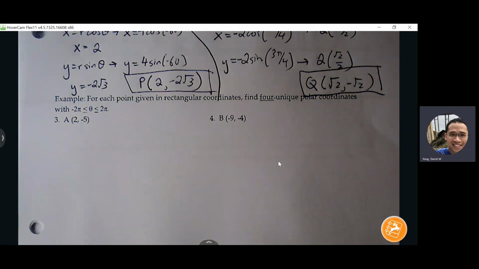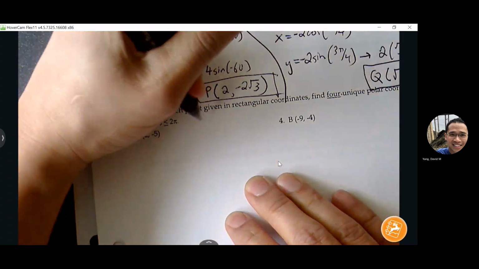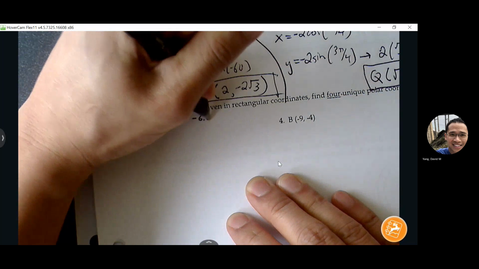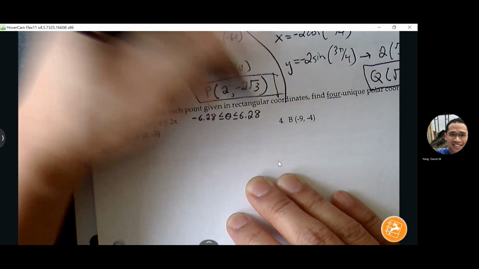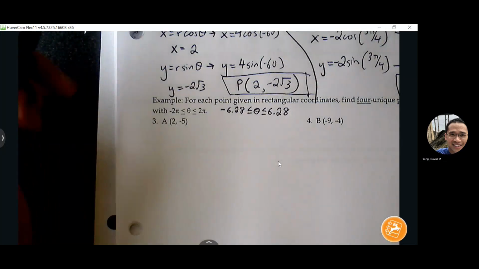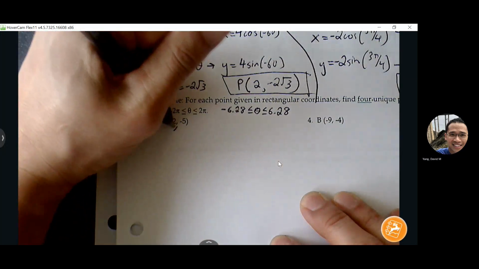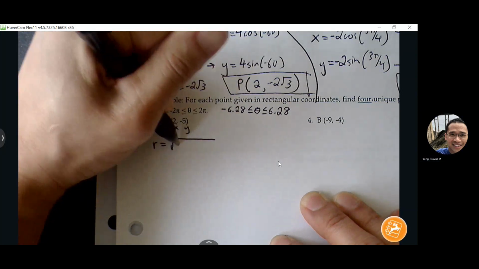For each point given in rectangular coordinates, find 4 unique polar coordinates between negative 2 pi and 2 pi. So therefore, between negative 6.28 and 6.28. We know we can get to the radius by doing Pythagorean theorem.